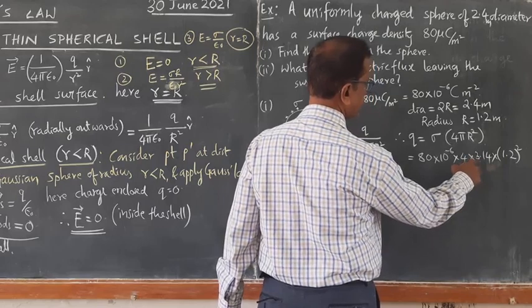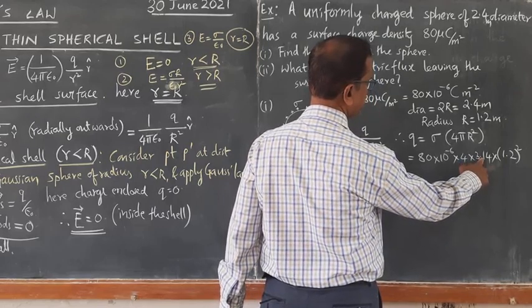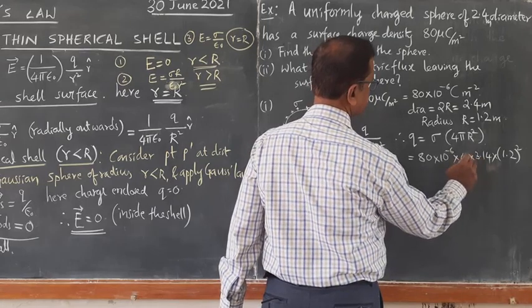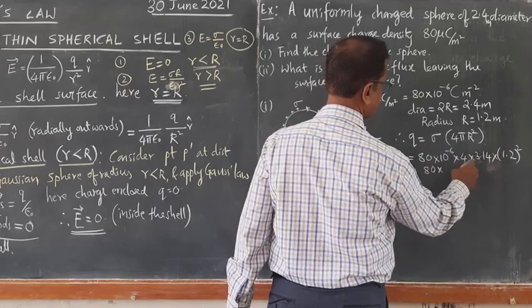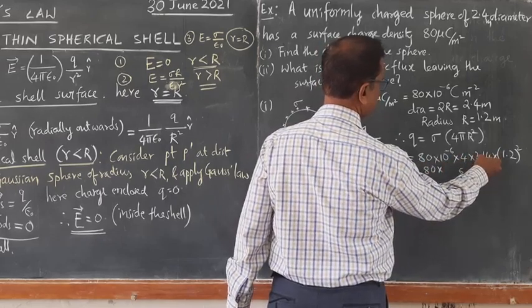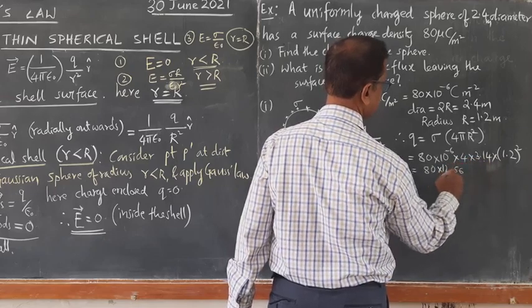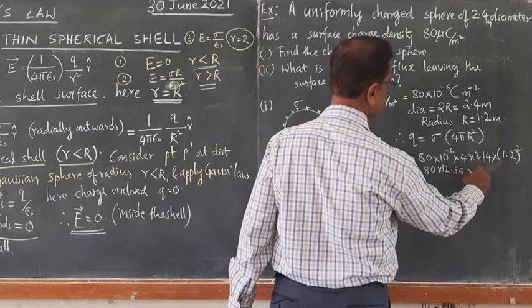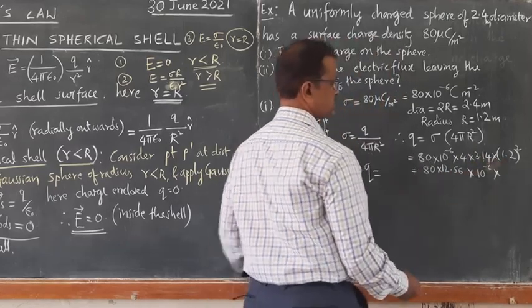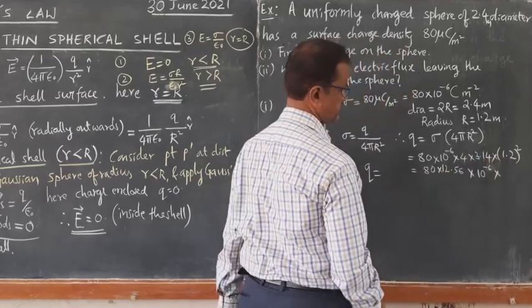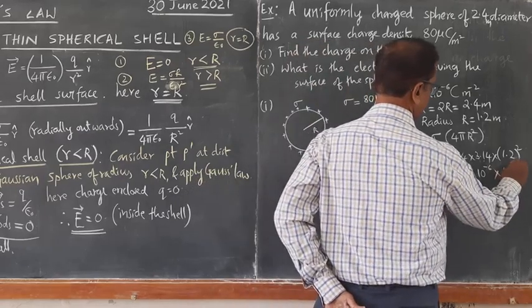It is going to be 12.56. So, 12.56 into 10 to the power of minus 6 into square of 1.2, that is 1.44.